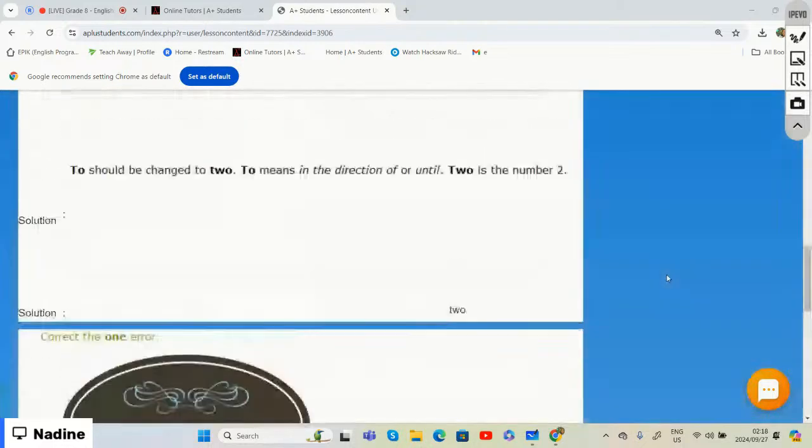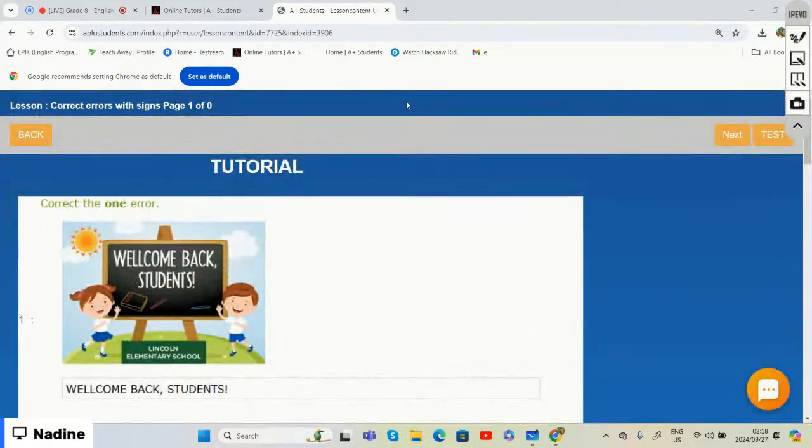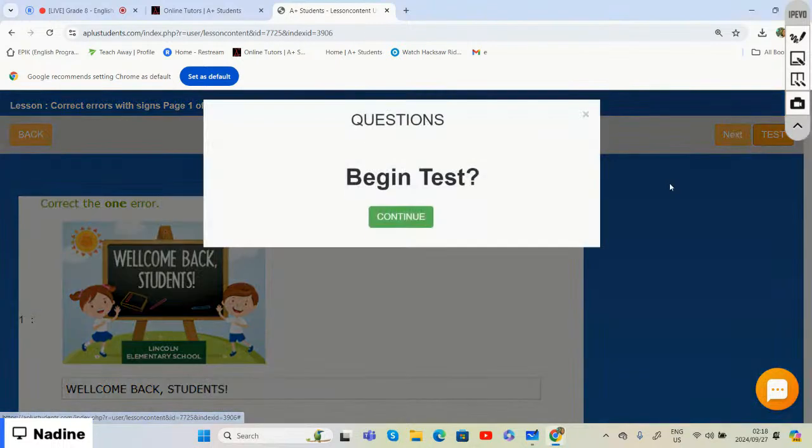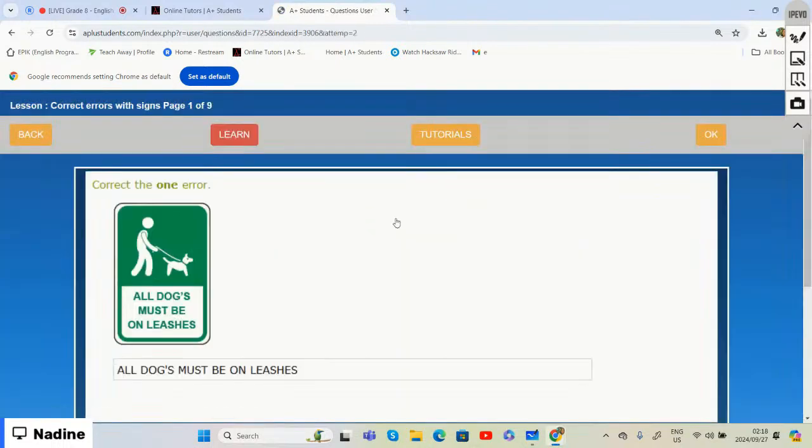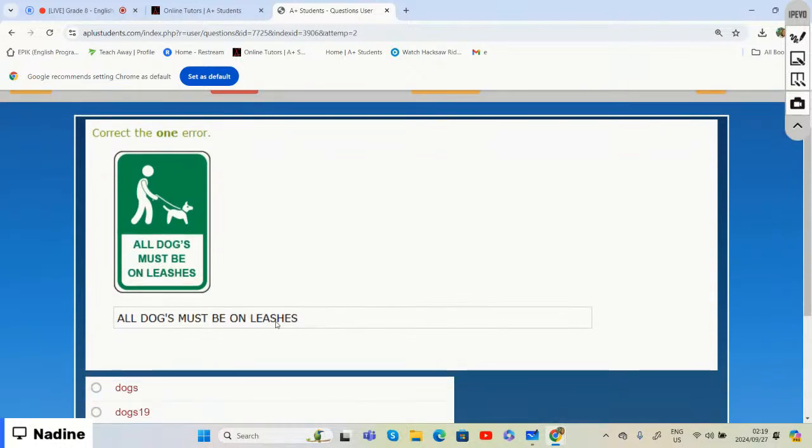All right. So now let's go to our test where we are going to correct errors with signs. All right, let's look at this one. All dogs must wear leashes. Which one is correct? It says all dogs must wear leashes. We need to correct our one error. Is it dogs, option one, or dog's, option two?